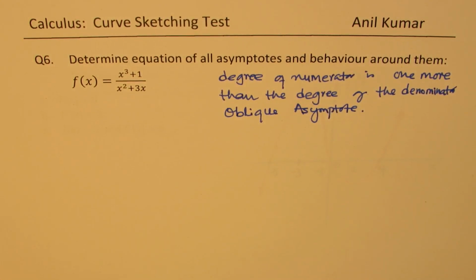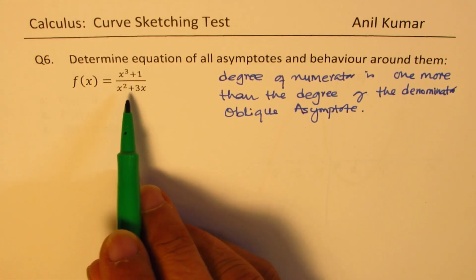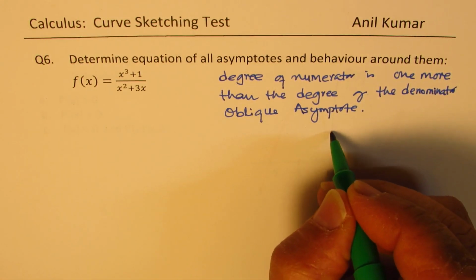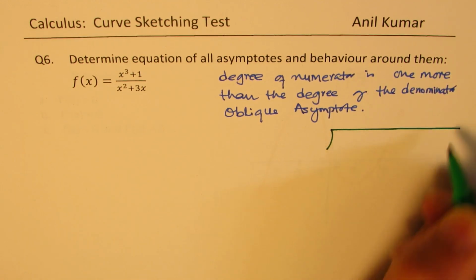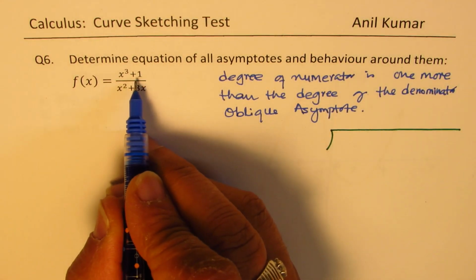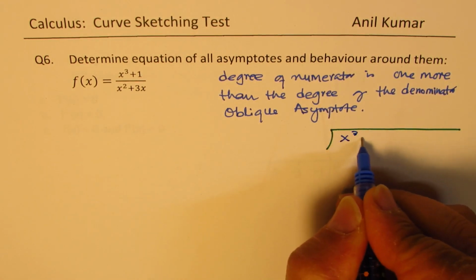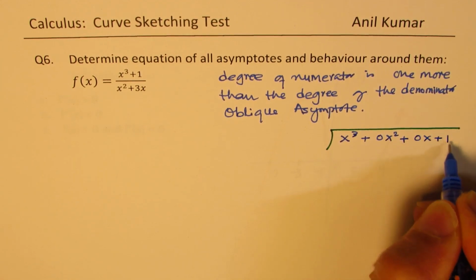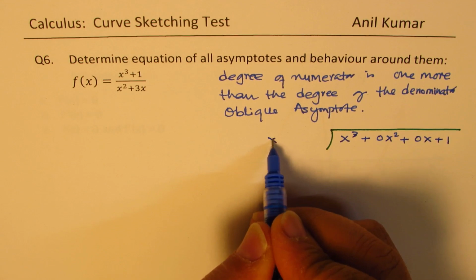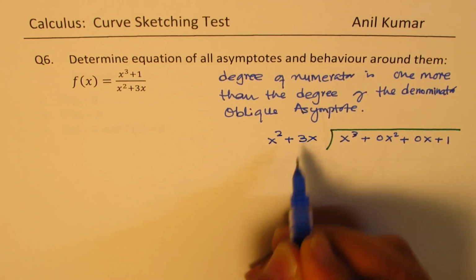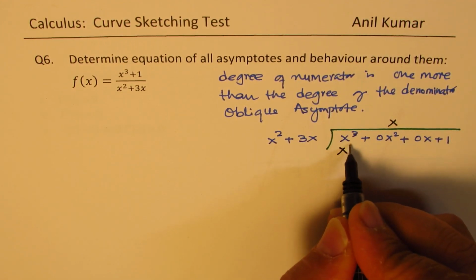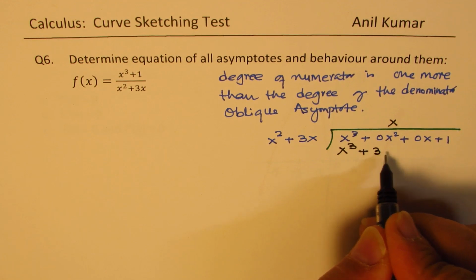So we have an oblique asymptote. Now let's figure out what this asymptote should be. The best way to find this oblique asymptote is to divide, right? So what we are going to do here is divide x cubed plus 1, where we have placeholders since we have two terms missing here, right? We have to divide this by x squared plus 3x. First let's multiply by x, you get x cubed plus 3x squared.